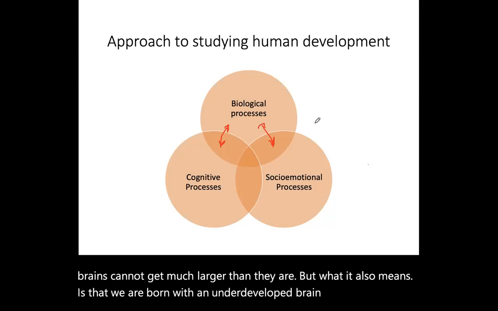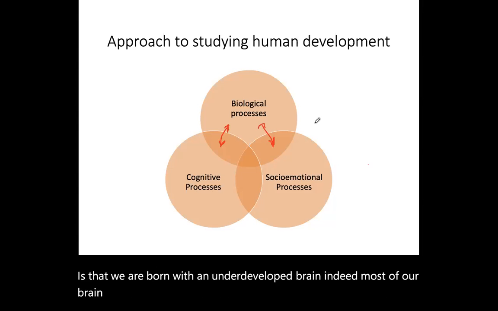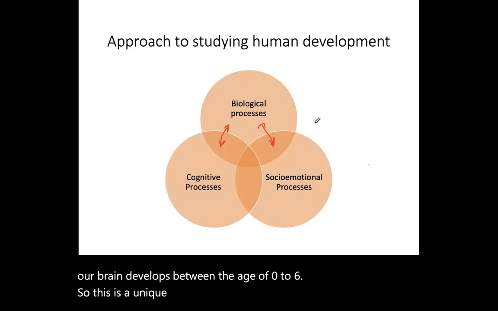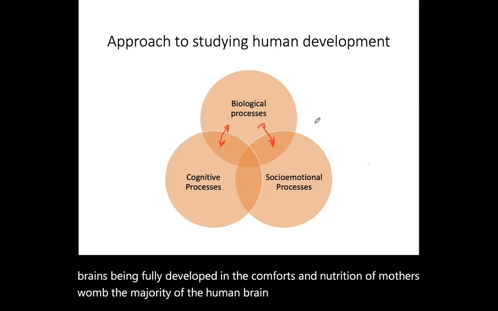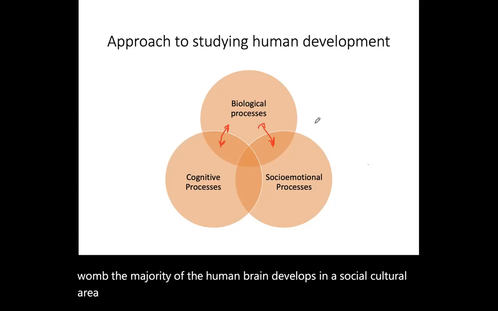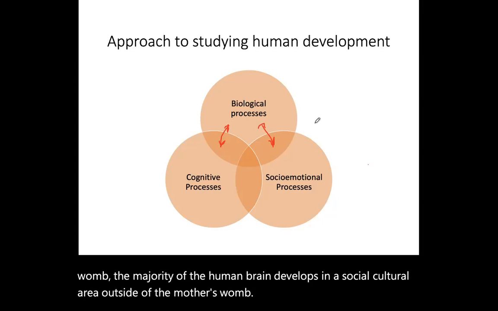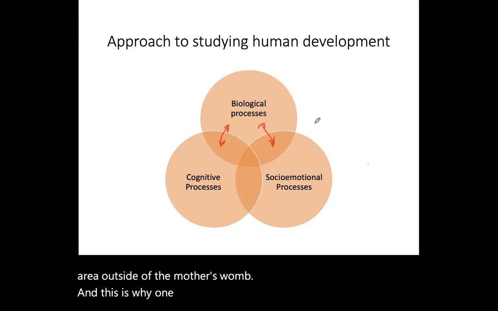Indeed, most of our brain develops between the age of 0 to 6. So this is a unique thing about being human: instead of our brains being fully developed in the comforts and nutrition of mother's womb, the majority of the human brain develops in a social cultural area outside of the mother's womb. And this is why humans have one of the longest developmental periods, for one.